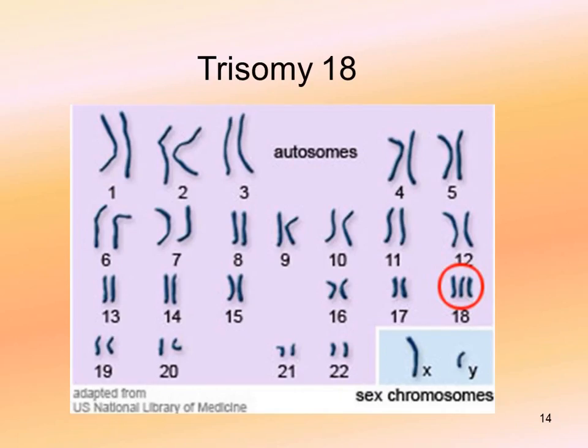which is trisomy 18. Trisomy 18, or Edwards syndrome, occurs in about 1 out of every 3,000 live births. 50% of babies will be born stillborn, with baby boys having a higher stillborn rate than baby girls. Less than 10% of children with Edwards syndrome survive to their first birthday.